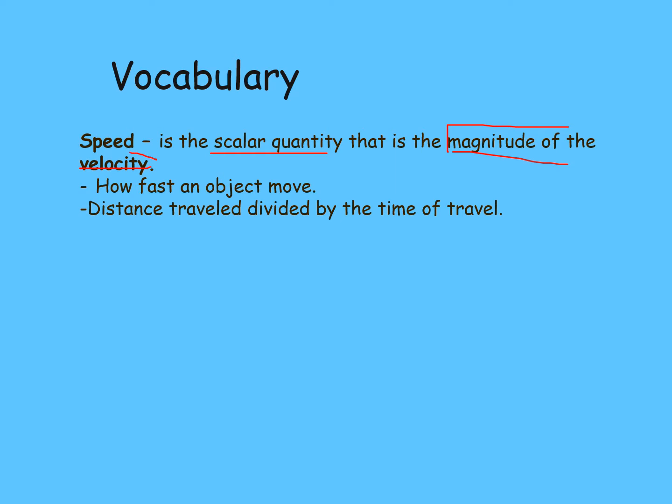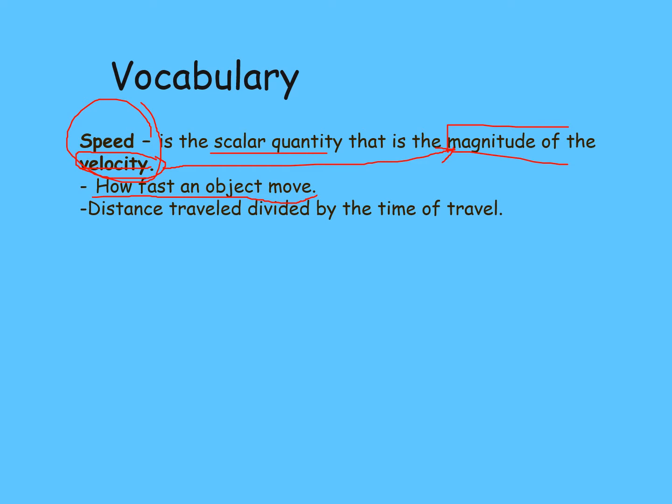And velocity is a vector quantity. It shows the magnitude of the movement and the direction of the movement. Speed and velocity are the same because they measure how fast an object moves. The difference is that speed only shows the magnitude, but velocity shows the magnitude and the direction of the moving object.